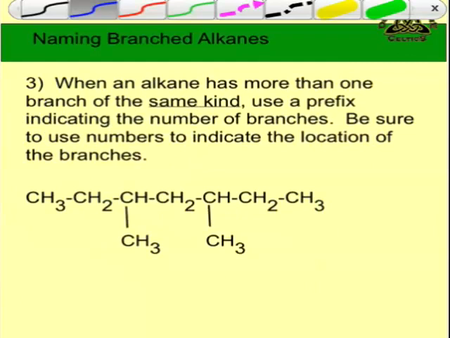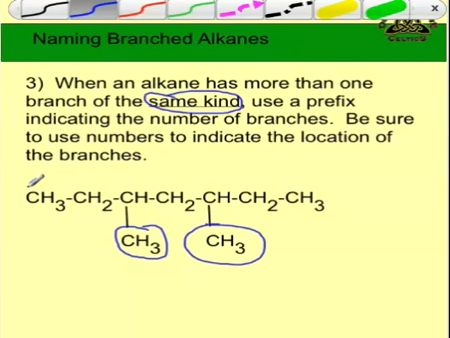Sometimes alkanes have more than one branch. If the branches are of the same kind, we use a prefix to indicate the number of branches. Let's take a look. We have here our root, and I notice that there is a methyl here and a methyl here. We have the same kind of branch. Let's go through the process of naming this alkane.